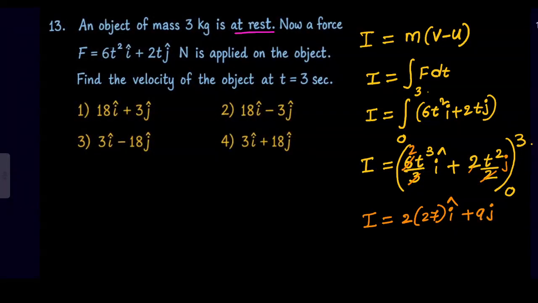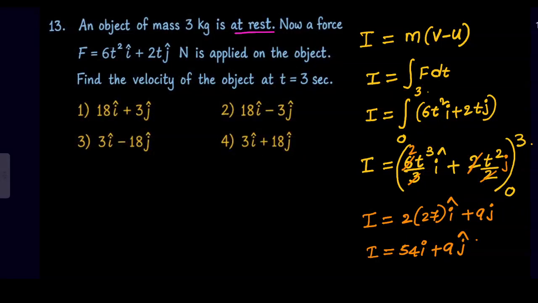Okay. t square means 3 square. 3 square is 9. 2 cancel, na. Now we got this impulse. So this is 54, na. 54i plus 9j. Now this is impulse now.